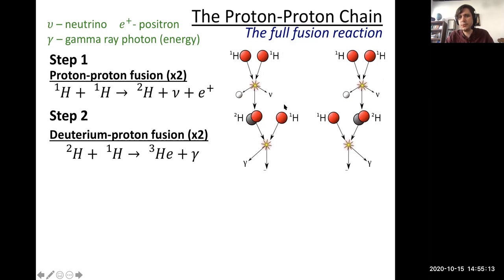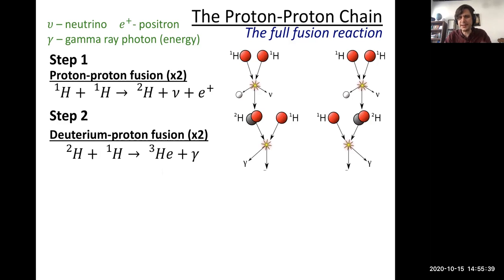And now we have 2 deuterons and a proton, the nuclei. Now we're going to fuse those together, a deuterium-proton fusion, or deuterium-hydrogen fusion. Heavy hydrogen and hydrogen will fuse together. So now we have heavy hydrogen, 1 proton, 1 neutron, plus just a proton, fusing together to form helium-3.